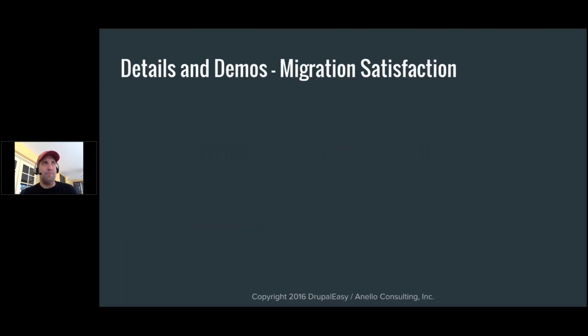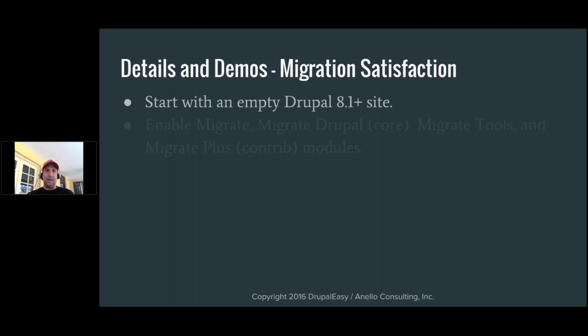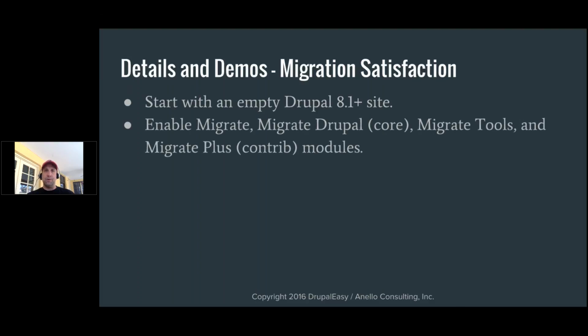And now we get to the whole point. This is where I think we should all be thinking, maybe not immediately, but at least in the long term: migration satisfaction. Again, start with a Drupal 8.2 or current Drupal core site. Enable migrate and migrate Drupal, which are part of core, and migrate tools and migrate plus, which are in contrib.